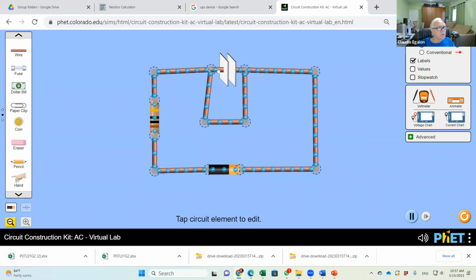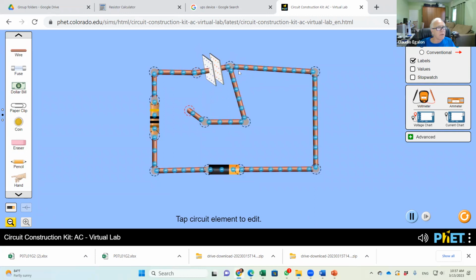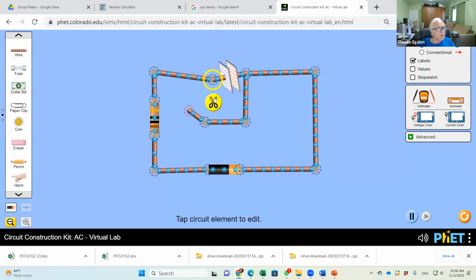So what I did here was to short the capacitor, do a short circuit to the capacitor. And now the capacitor is back charged. Okay, it's charged back.